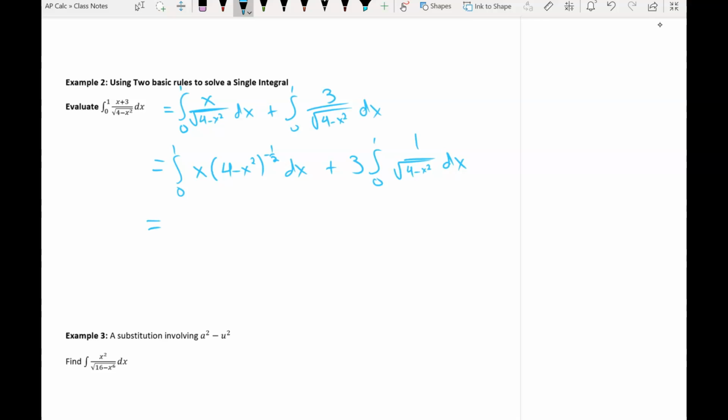If you look at this 4 minus x squared, if that is the quantity inside these parentheses, well, for the chain rule, we know it's the derivative of the outside with respect to the inside times the derivative of the inside. What is the derivative of the inside? It's negative 2x, which would be nice if this value here was negative 2x, but it's not.